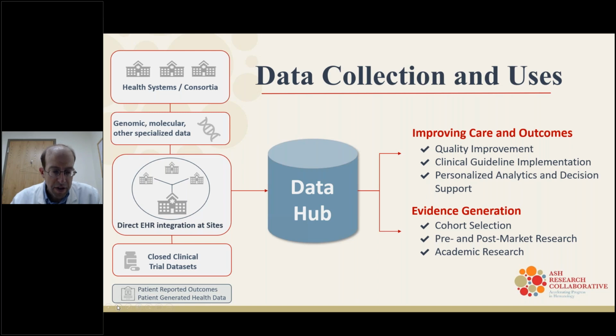We spent a lot of time recently thinking about how to make our programs patient-centered, and we have plans to build out patient-reported outcomes and other forms of patient-generated health data from wearable sensors and others that we will aggregate within the Data Hub. We take these data in the Data Hub, we basically run them through various disease-specific models that we've developed around the structured and unstructured data, and we use those data in a variety of ways.